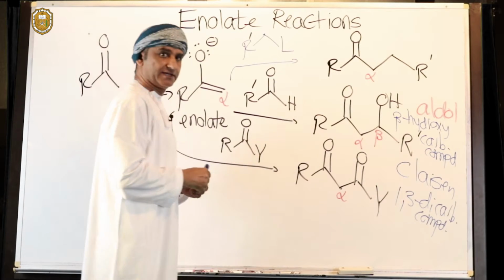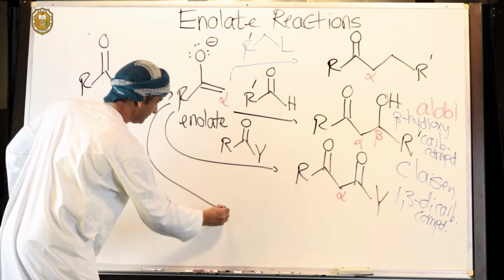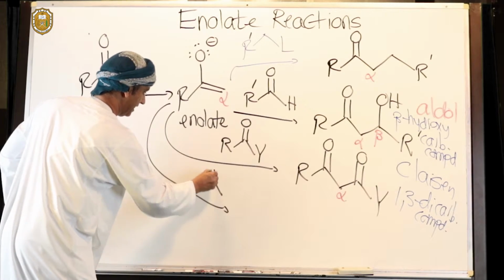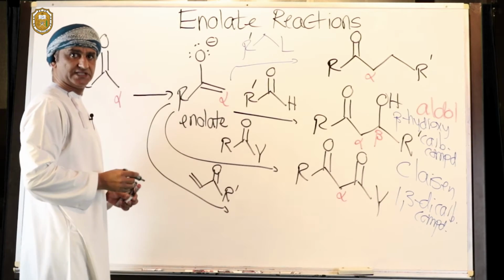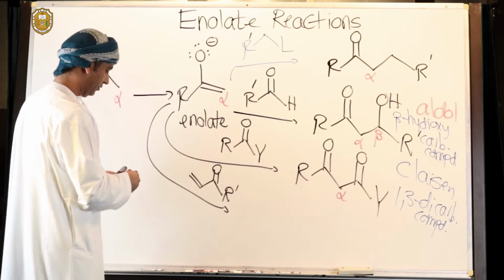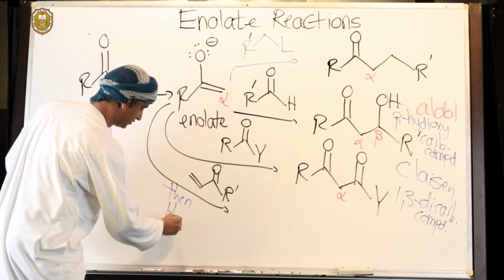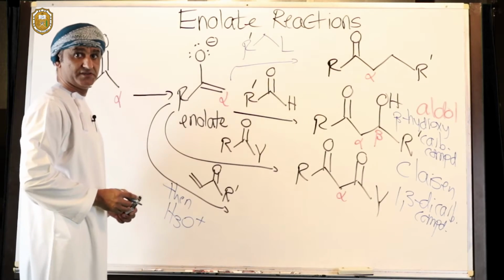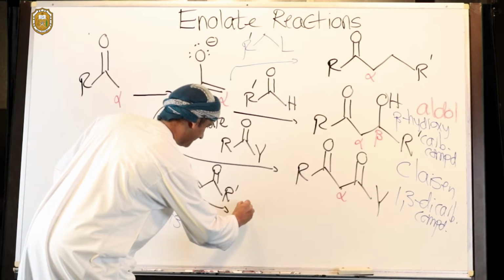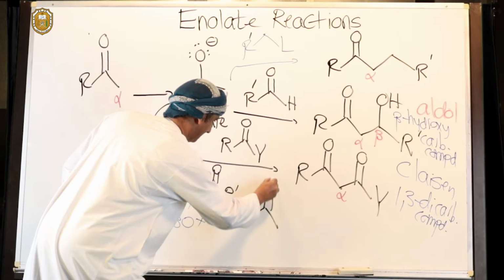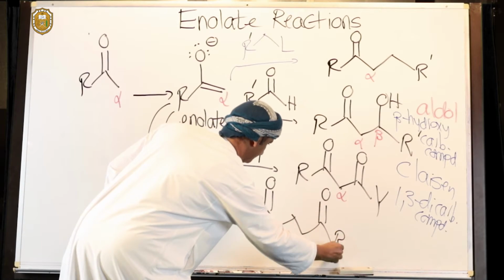If the enolate is reacted with an alpha beta unsaturated carbonyl compound followed by H3O plus, or the hydronium ion, to protonate the intermediate enolate, then the product is a 1,5-dicarbonyl compound.